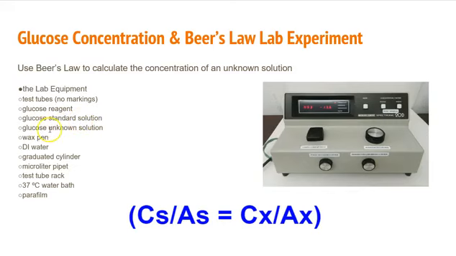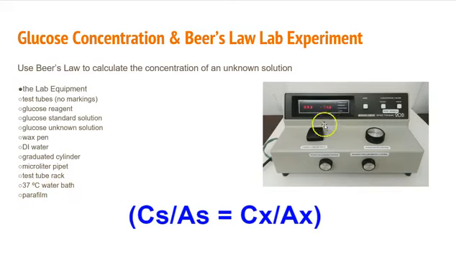We have glucose unknown solution, which today our goal is to measure the concentration of. Wax pen, distilled water or deionized water, graduated cylinder, microliter pipette, test tube rack, and then 37 degrees centigrade water bath, parafilm, and here we go.